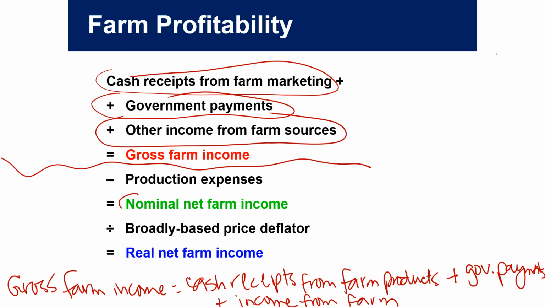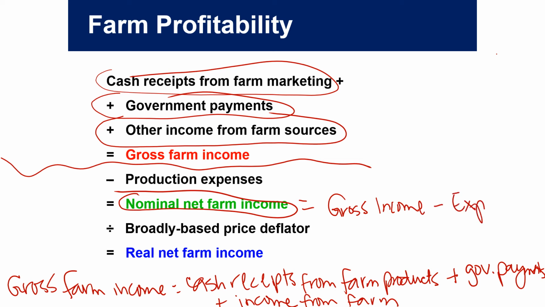The nominal net farm income is just equal to gross income minus expenses. Net just means how much you make after you pay off your expenses.